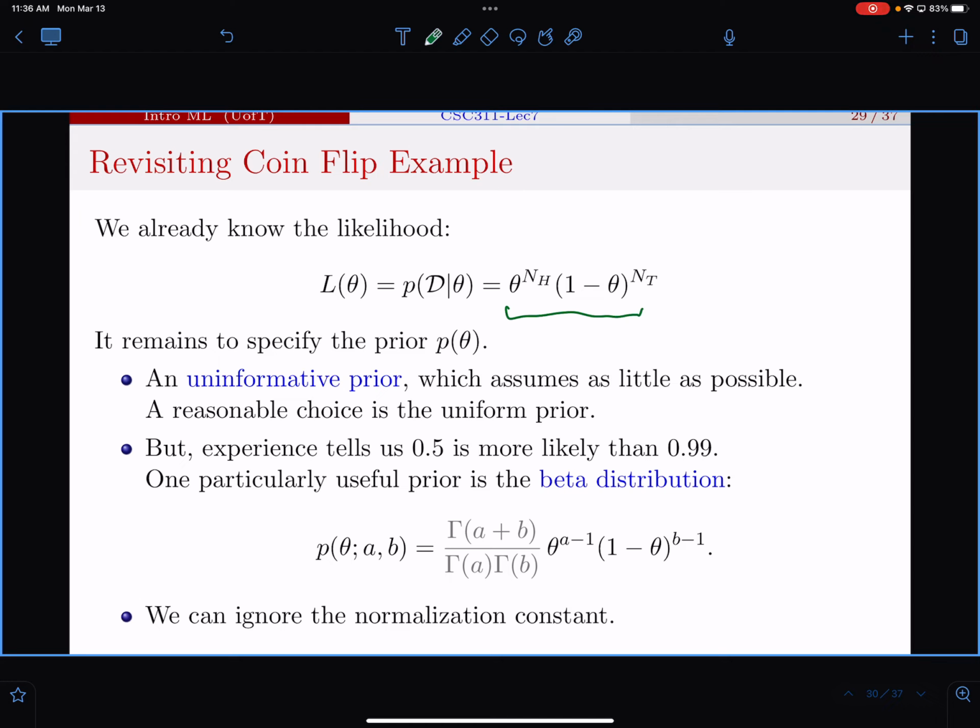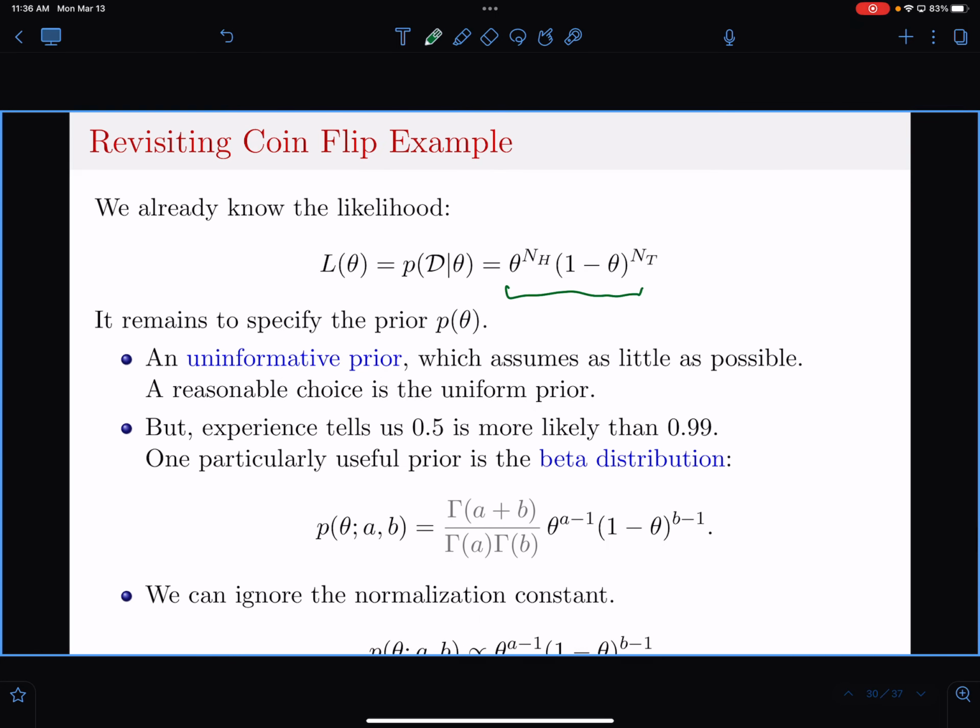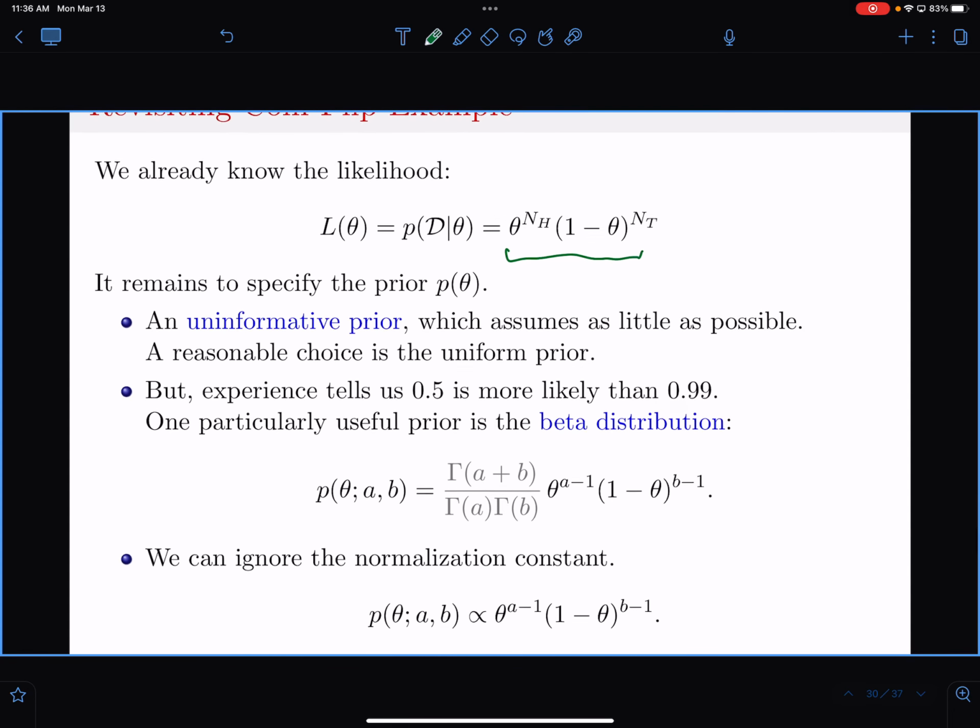Some possible choices of prior: you can assume a uniform prior, so a uniform distribution over all values of theta. That's a potential prior. But we also know that most coins are generally fair, so one prior and one distribution we'll particularly focus on is the beta distribution.